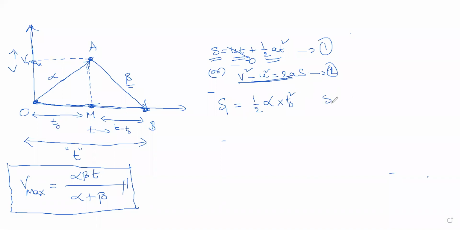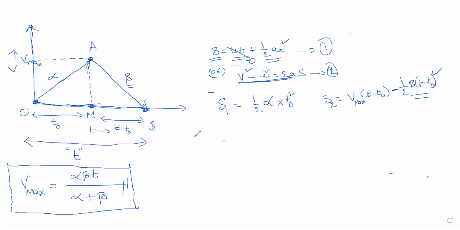And now S2, now the initial velocity is Vmax. So Vmax into, but the time is t minus t naught, plus, now it is decelerating, minus half beta into t minus t naught whole square. This is how you get. A little bit tedious, I tell you.